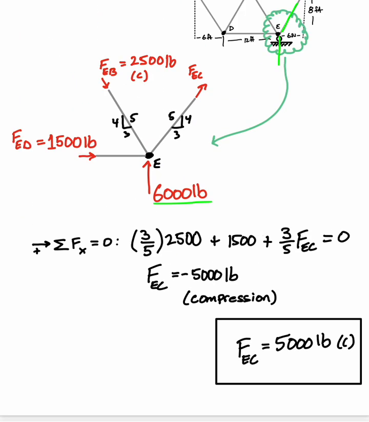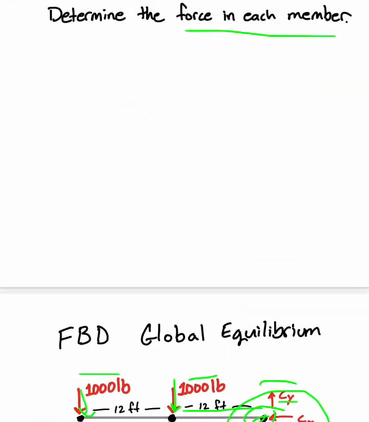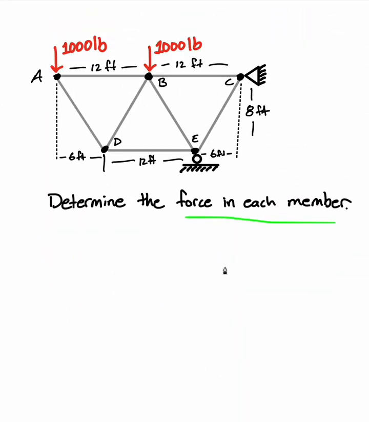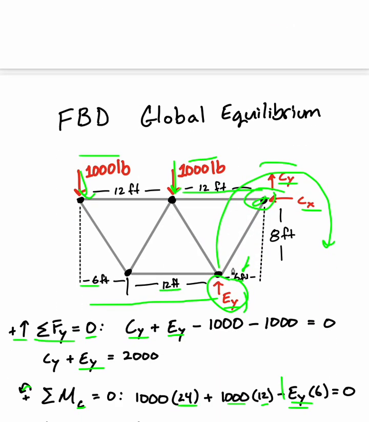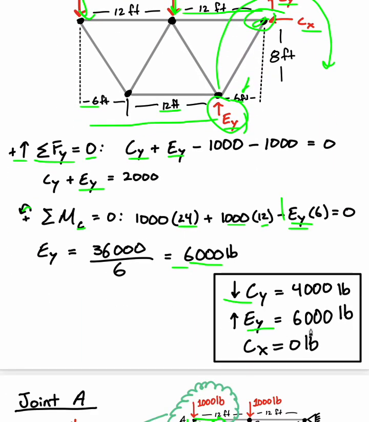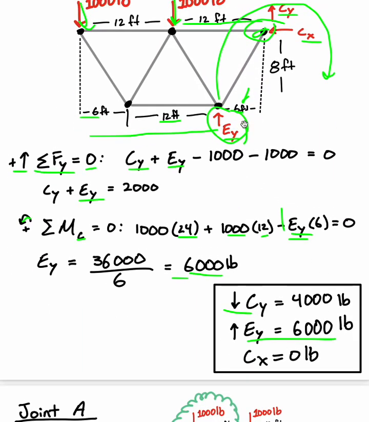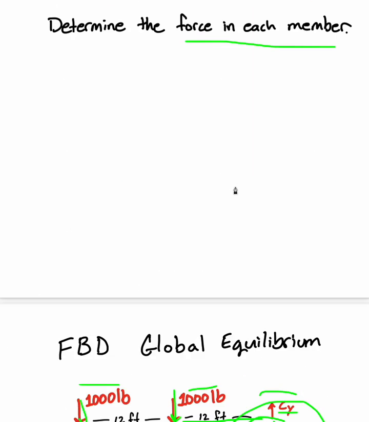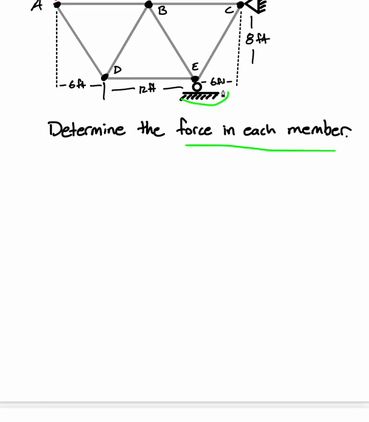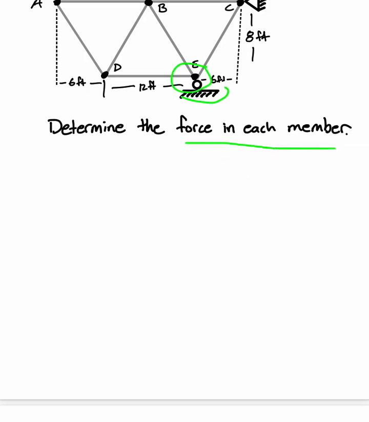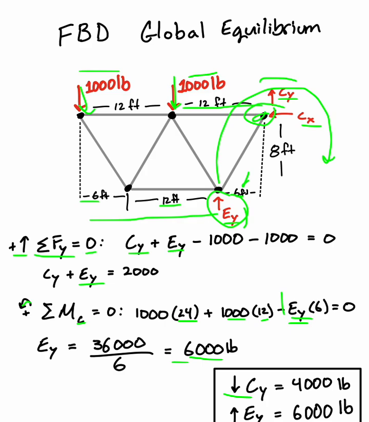So if we were to go back to the very first page, second page I mean, this is the EY right here, and it's coming from our roller support right here. This is joint E, and that we found was 6,000 in the first step of global equilibrium.